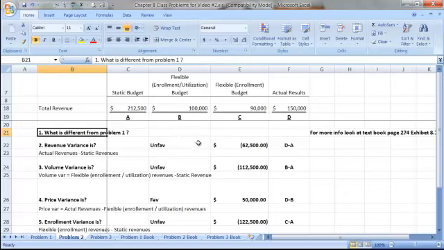Okay, so we're going to walk through calculating the variances, and I've actually left them on here because it's very similar to the problem we did, except we've got to understand the difference. There are a few differences in how you calculate some of the variances here.